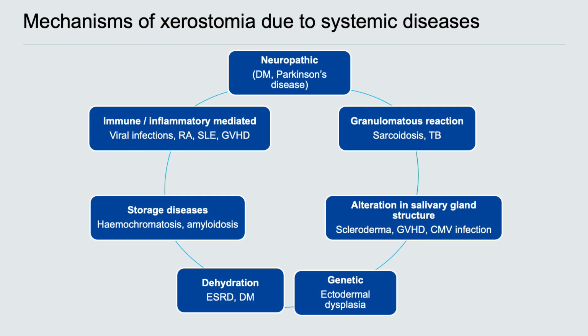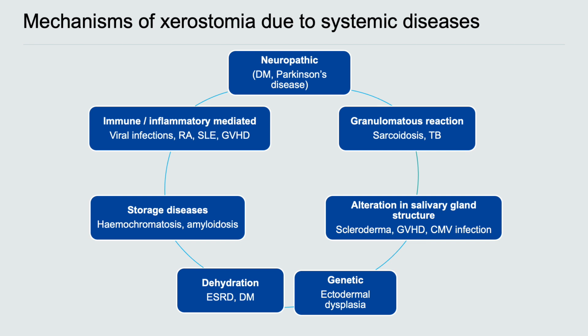So xerostomia is the most common manifestation associated with the majority of these conditions, and the underlying mechanism differs in terms of disease. This can be immune or inflammatory mediated in the case of viral infections and autoimmune conditions. It can be neuropathic in cases of diabetes or Parkinson's, and secondary to granulomatous reactions in sarcoidosis and TB.